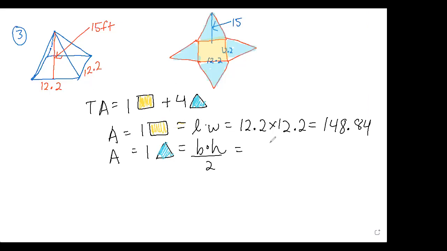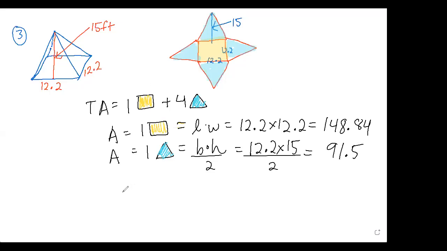What's the base? 12.2. What's the height? 15, and then we divide it by 2. So figure out what 12.2 times 15 divided by 2 is. I just meant area of one square, area of one triangle. 91.5. All right, so 91.5.